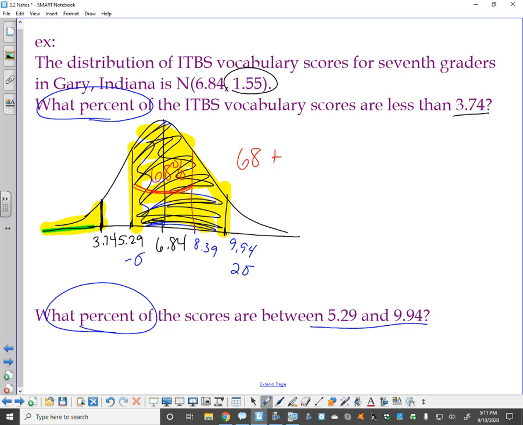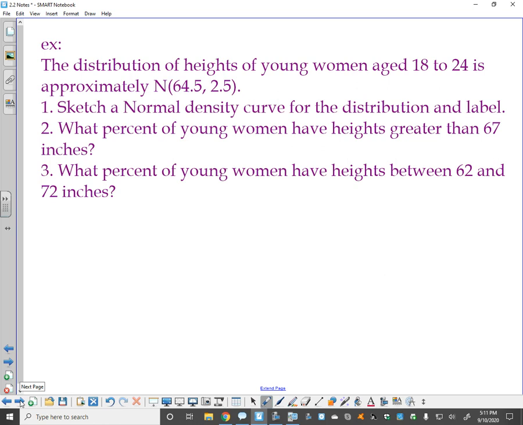So 68 plus, then this little piece right there, I know is 13.5%. Add those together, and I get 81.5%. Again, make sure that makes sense.